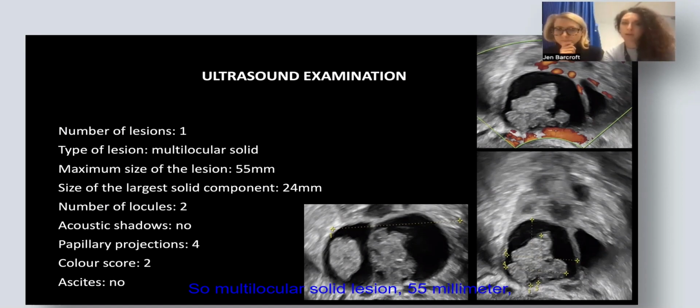So multilocular solid lesion, 55 millimeter, the largest diameter of the lesion. The size of the largest solid component was 24. 2 locules, no acoustic shadows, 4 papillation, color score 2, just because of some vascularization in the septa, and no ascites.